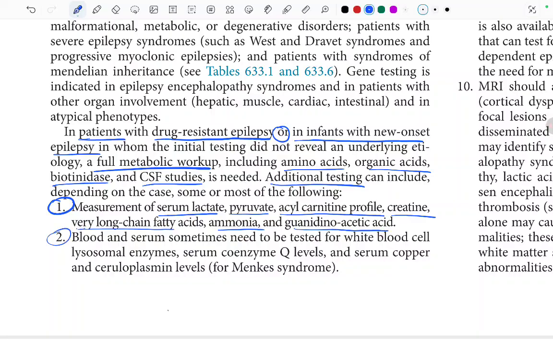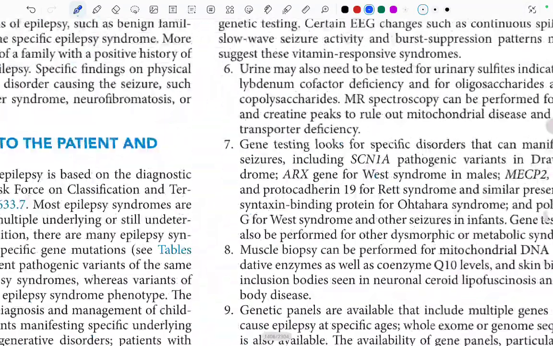The other ones include blood tests: white blood cell lysosomal enzymes, serum coenzyme Q levels, and serum copper and ceruloplasmin levels for Menkes syndrome.